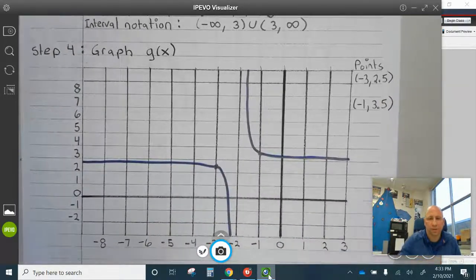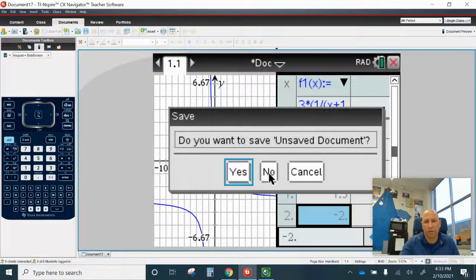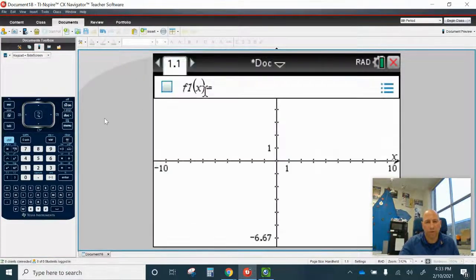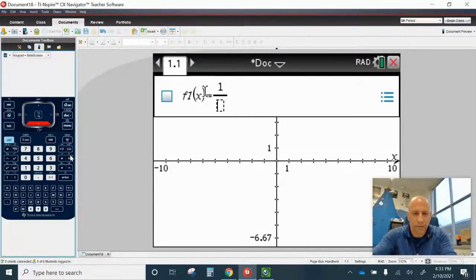Okay. So let's go ahead and graph g of x. To graph that, we're going to go to on, new document, no, add graph, and get the equation: control divide, 1 divided by 2 parentheses x plus 2 plus 3.